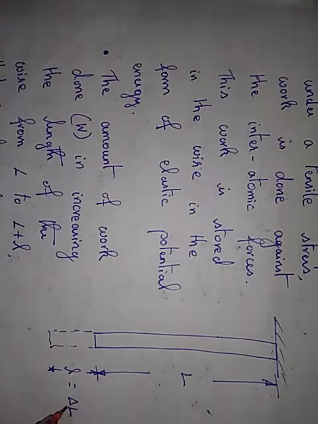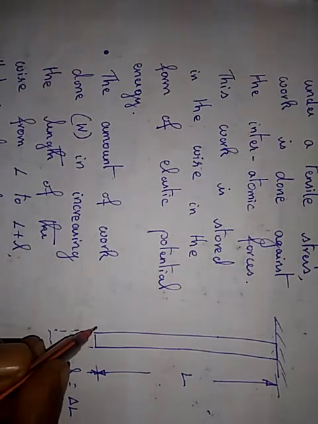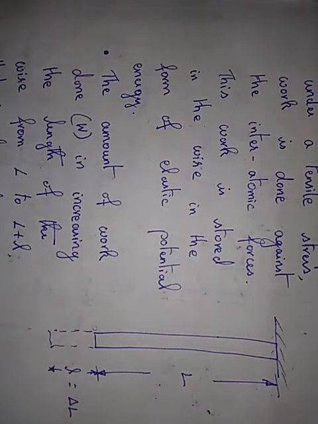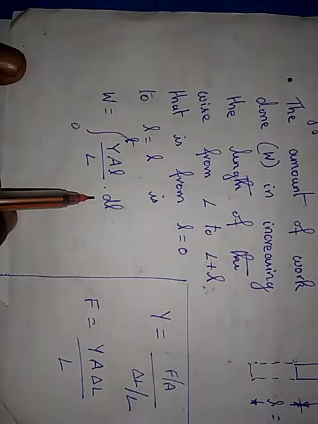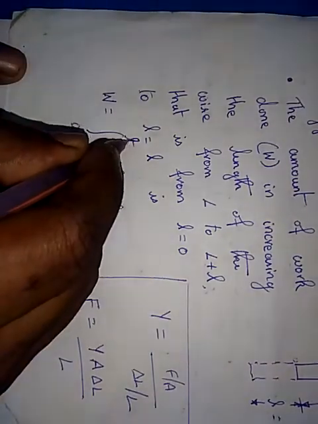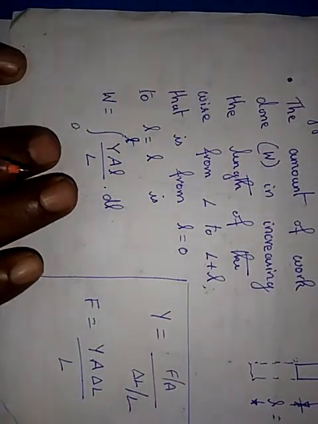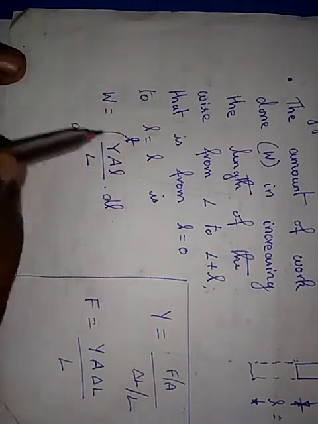So in the place of del L, we substitute small l. That means if you take this as the reference point 0 and this as l, you have to integrate from 0 to l. So in this integration, the force into displacement gives work done, and you are integrating from 0 to l. Okay. Having understood this, now we have to go for integration.